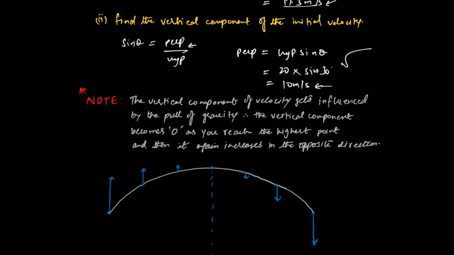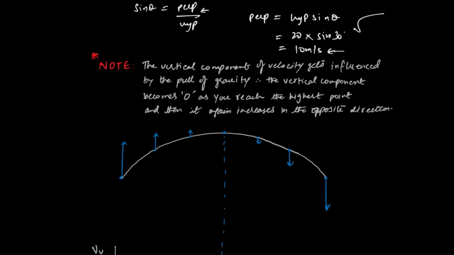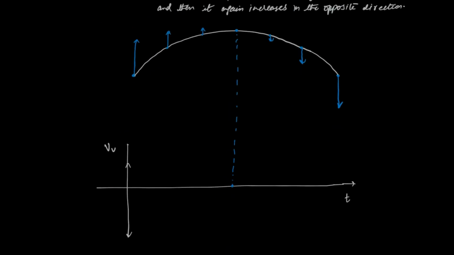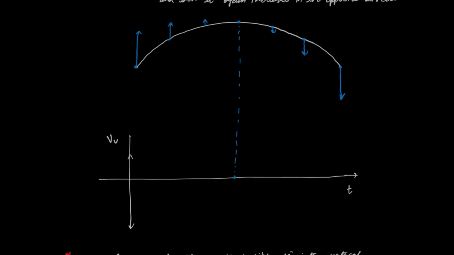Then it increases in the opposite direction, because it reaches zero at the highest point and then it has to increase as the pull of gravity is still there, so it increases in the opposite direction, in the direction of the gravitational force. So this would be some sort of a depiction of the velocity of the object at different points in its motion.